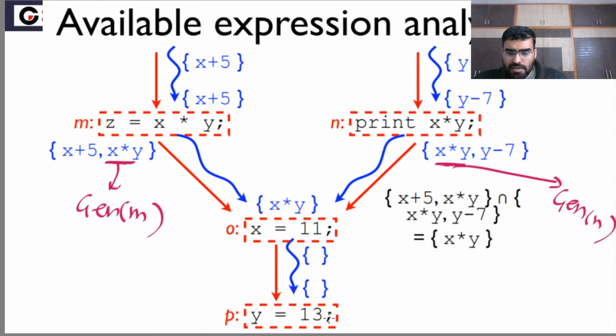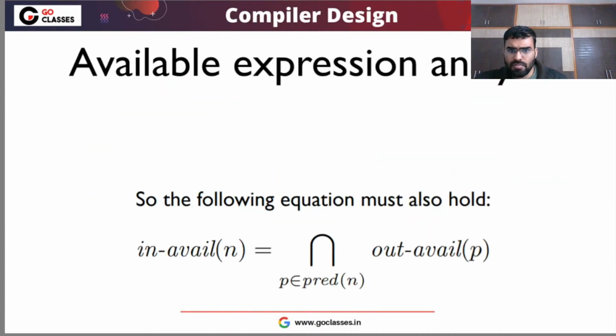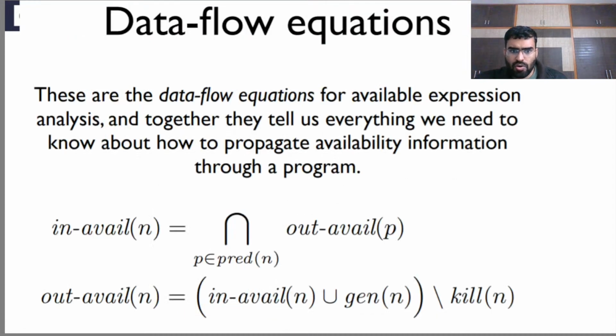Is this clear? So here you are taking the intersection, remember. You are coming from here and from here and you take their intersection. Hopefully all these points are clear.